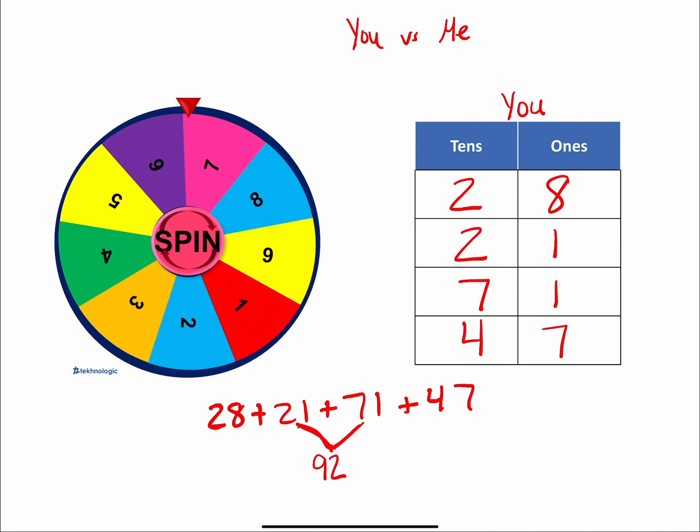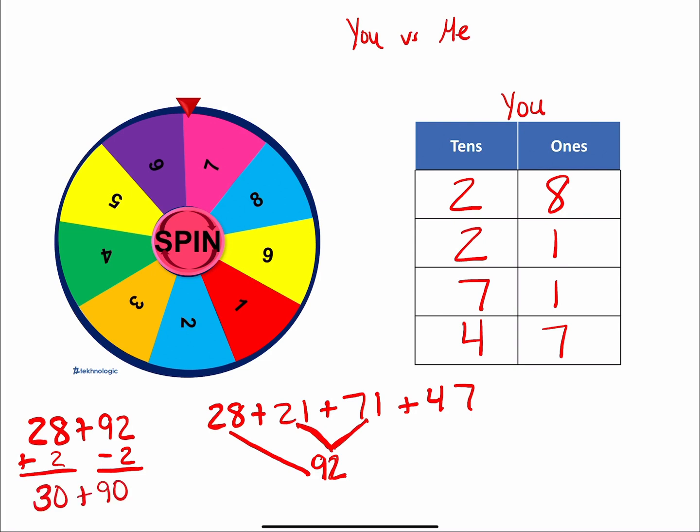Now what? So I've got 21 and 71, and I've got 92. Do you see any relationships that could be helpful? Well, I see one right here. What if I added up 28 plus 92? So I might come over here, because that one might not be as easy. I need to keep track of my mental steps. But something that I saw is that if I could take these 2 and I could give these 2, that's 30 plus 90.